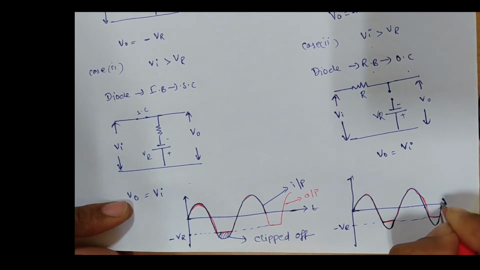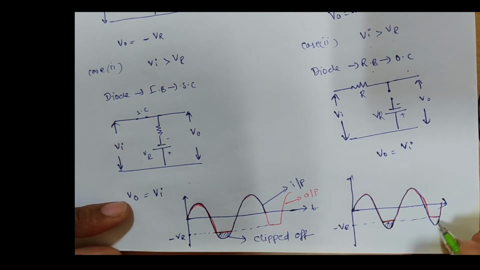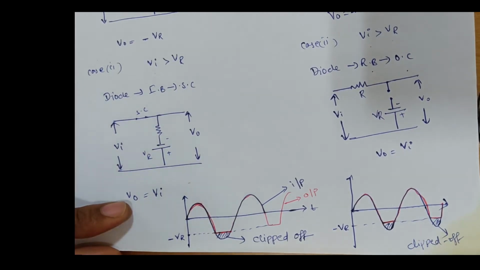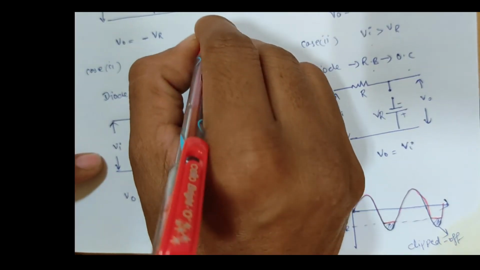So we can write the output like this. We are removing this part, so this part is clipped off. Here we are removing a small portion of the negative half cycle. So we can draw the output waveform like this.